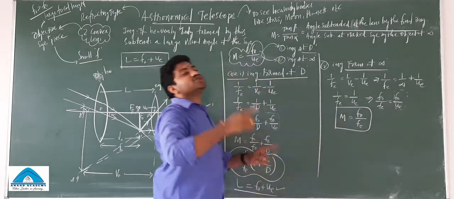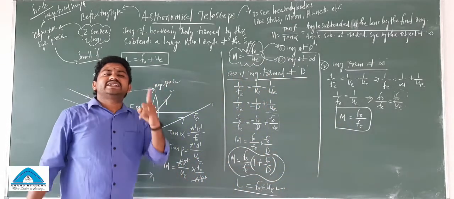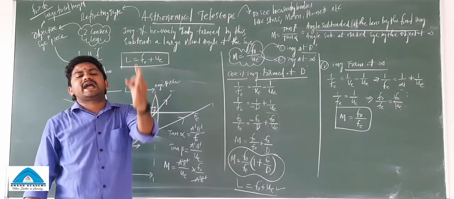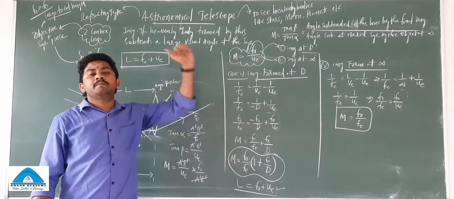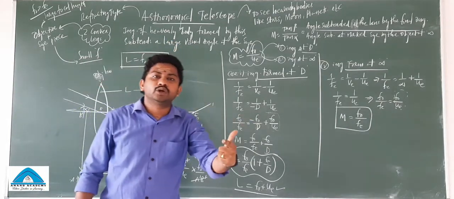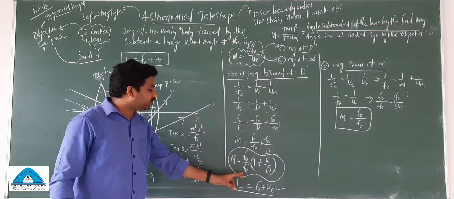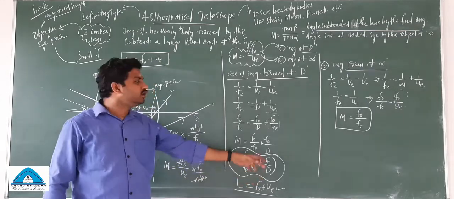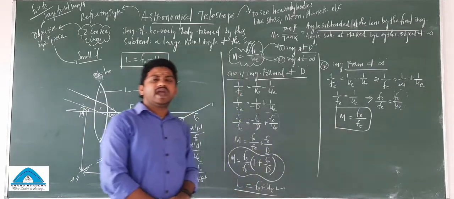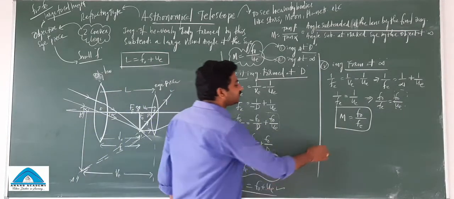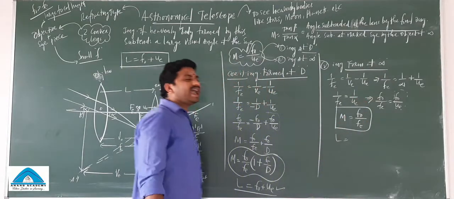Which is more? When the image is at D, the magnifying power will always be more, whether in a simple microscope, compound microscope or telescope. So m is equal to f naught by fe into 1 plus fe by d in that case, and m is equal to f naught by fe here. In this case, the interesting thing is what L is.